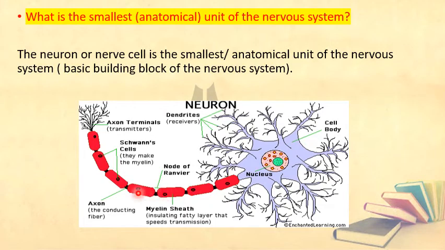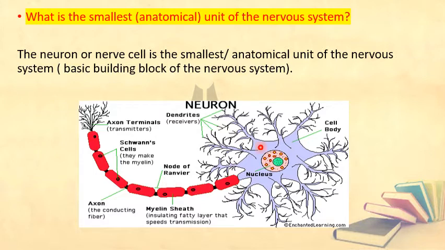And if you notice, the myelin sheath doesn't exist all along the axon. It is separated by gaps, right? These gaps were discovered by Ranvier. For that reason, they are called nodes of Ranvier or Ranvier's nodes.